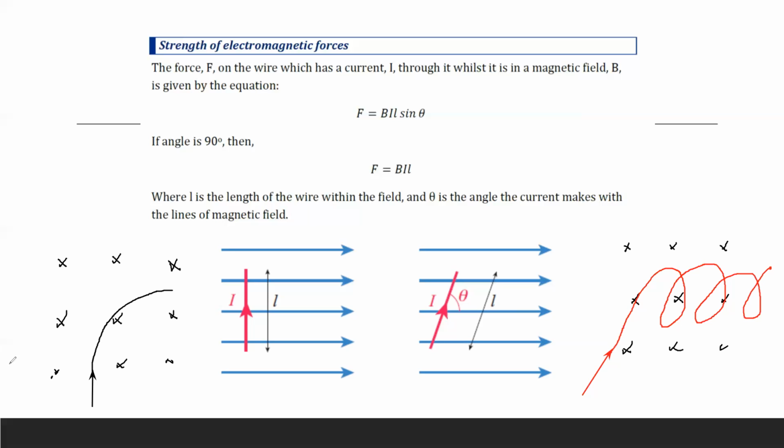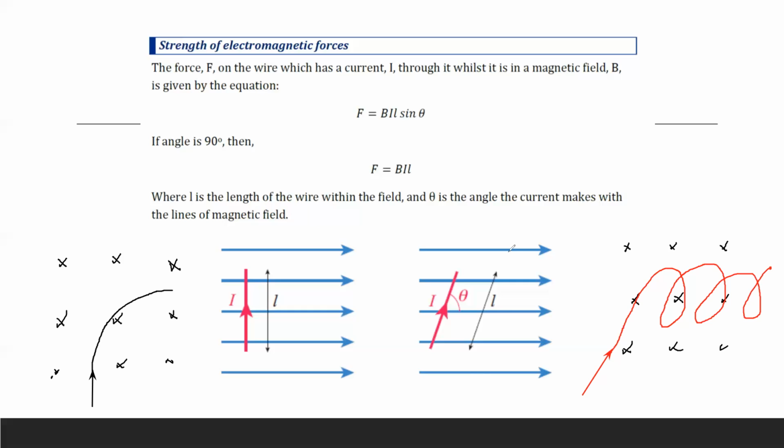Here, when it entered, the only component of the velocity was perpendicular. But in this case, there are two components of the velocity. One is perpendicular, at 90 degrees, and the other is parallel, which is not affected because it is not at 90 degrees to the magnetic field, so it will follow a spiral path. So the path of the charge varies depending on how many components of velocity it initially has.